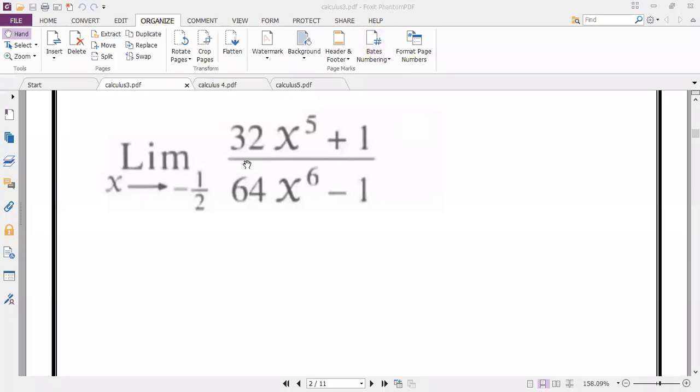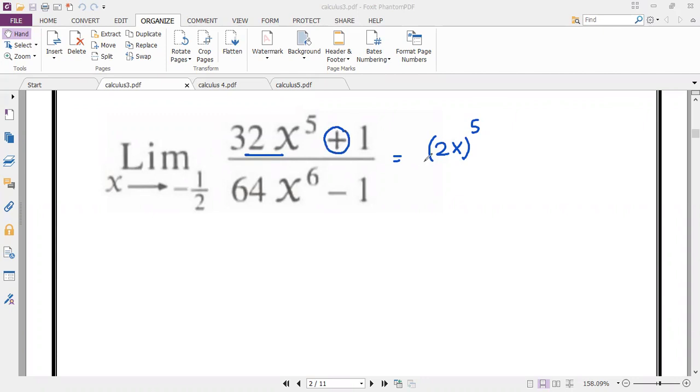Look at this example. I want to find the limit when x tends to negative half. So we have 32x to the power of 5. We can write it as 2x all raised to the power of 5. But we have a problem here.